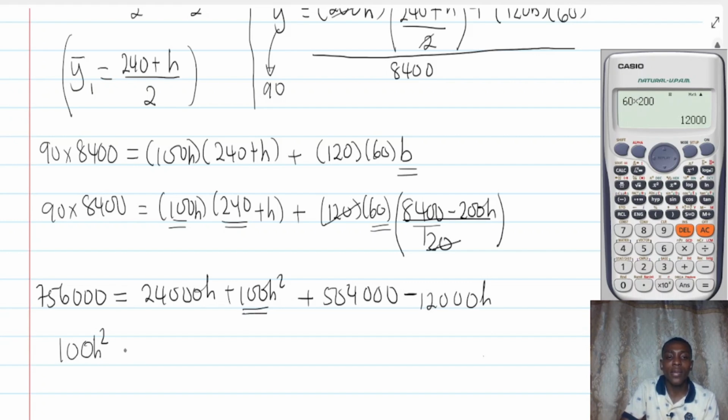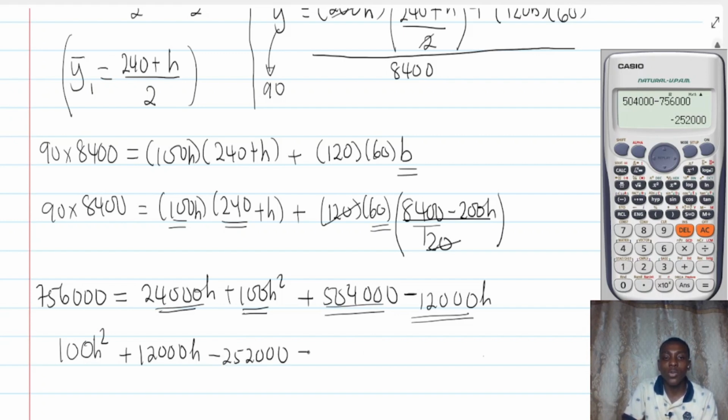So 100 H squared, then 24,000 minus 12,000 H, that's going to be 24,000 minus 12,000 H. So that is 12,000, so plus 12,000 H, and then I'm going to have 504,000, then I'll subtract 756,000, which is minus 252,000 to be equal to 0.